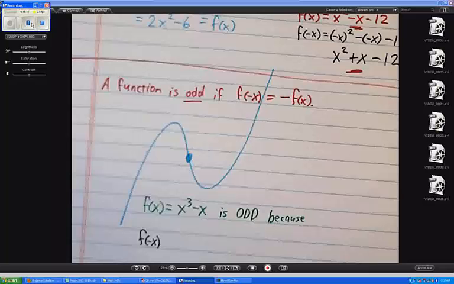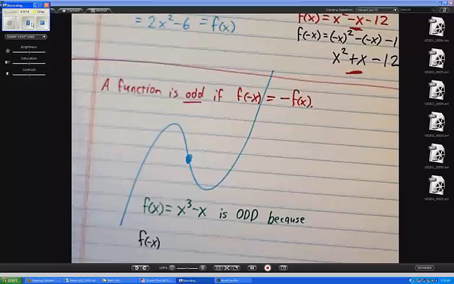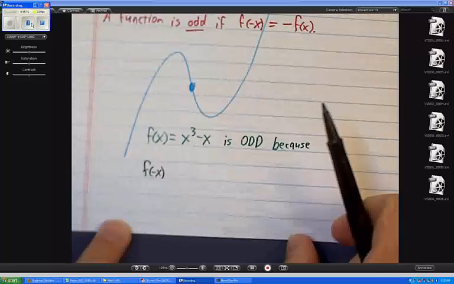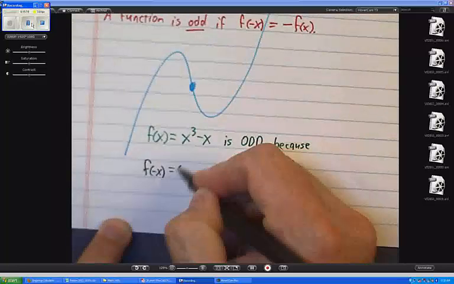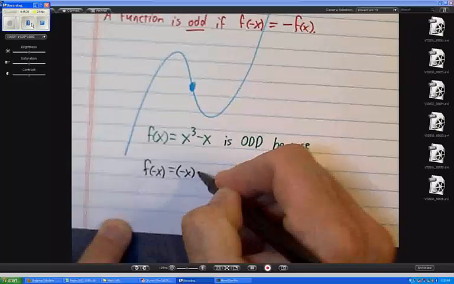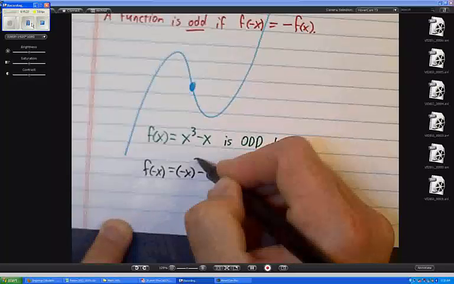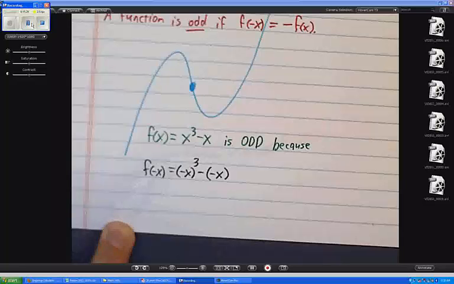Go back to what we're doing. f of negative x equals, so what do I do? I put a negative x in for x. And when you put in negative x, you want to have it all in parentheses. So it would look like this. Negative x cubed minus parentheses negative x. Now I want to simplify.